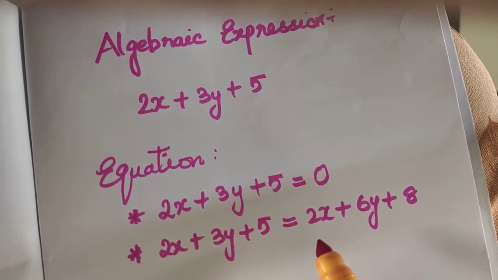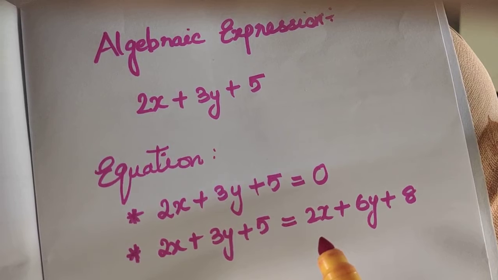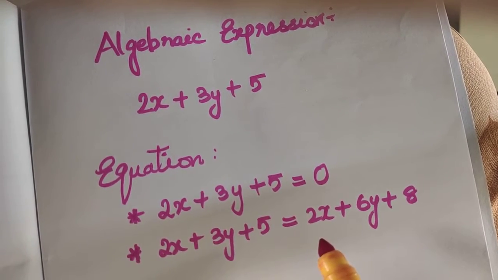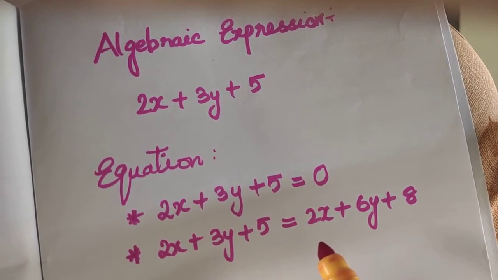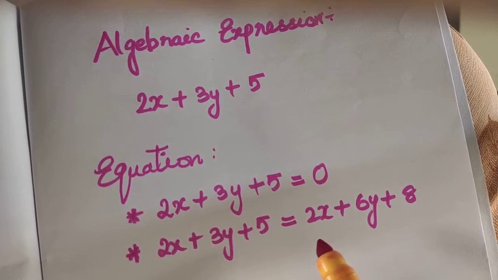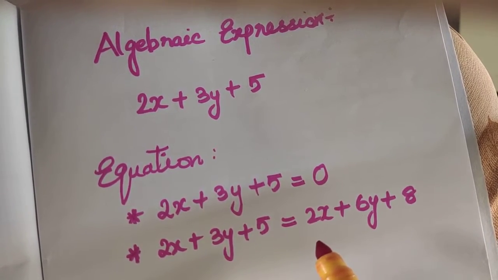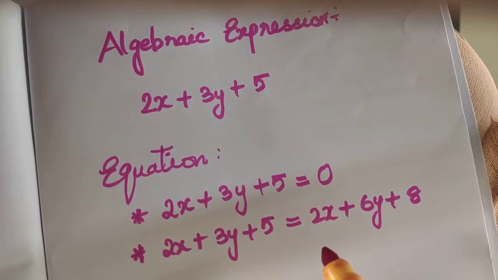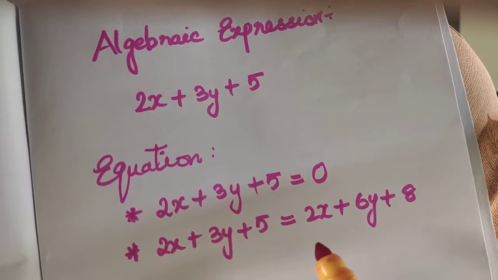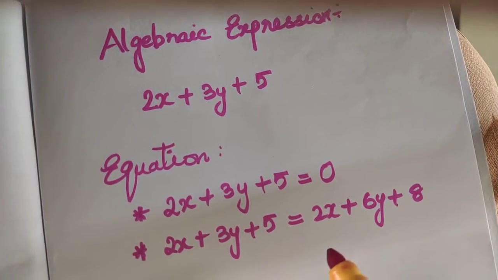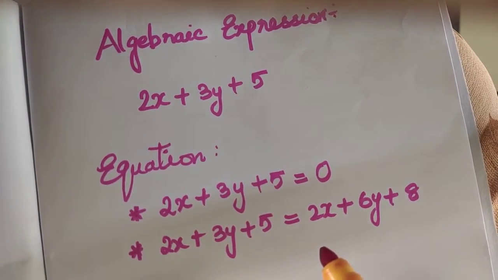Expression and equation are not the same. An expression is just an expression, where I take different variables and numerals and combine them using addition sign. When I am equating one expression to another expression, or equating one expression to 0, then those things are considered to be equations.